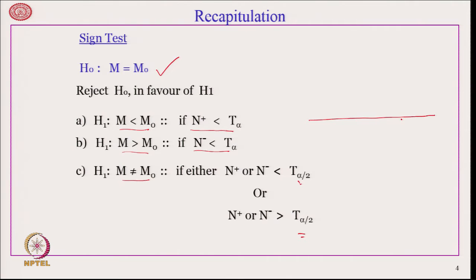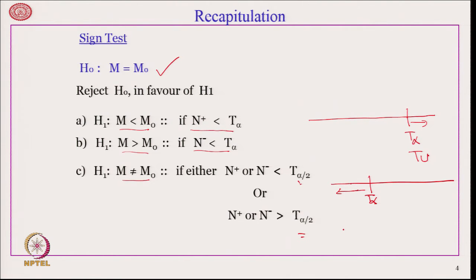So, if it is a one-sided test of size alpha, then we have to look at whether the value is coming out beyond the T alpha, so that we can reject. This is for the upper side. If it is lower sided, one-tailed, then the value should fall here in order to reject the null hypothesis.